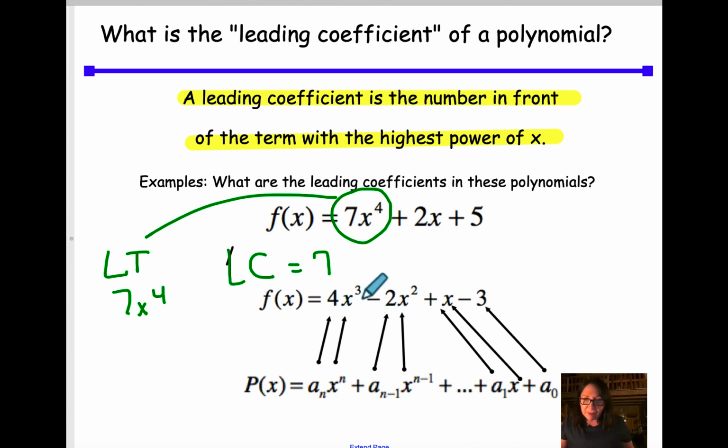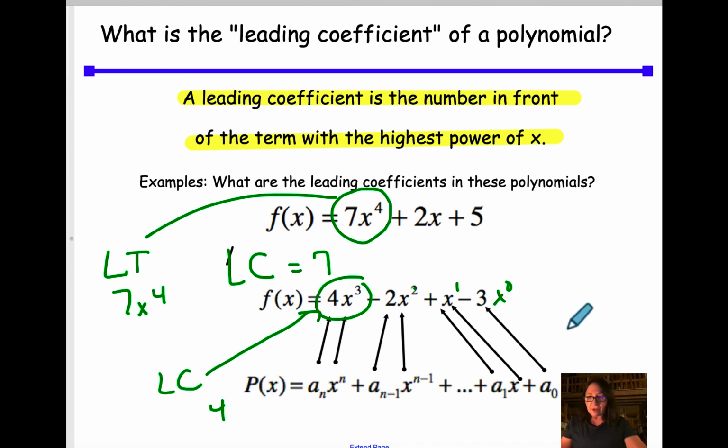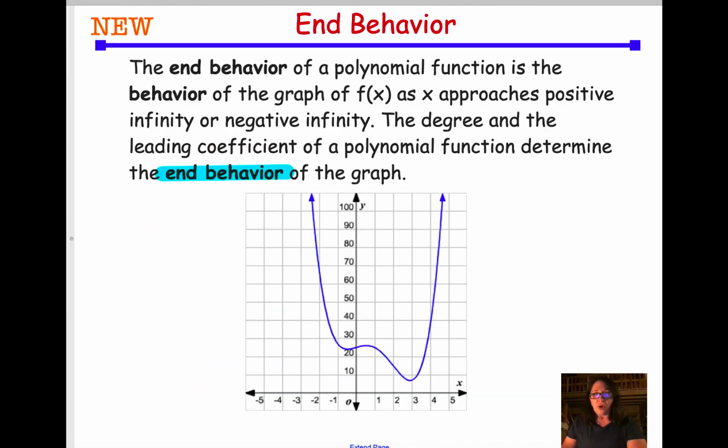So in this problem here, my leading term is 4x cubed, because that's 2, that's 1, and that's 0. That's the highest power. It's a 4-term cubic, but my leading coefficient for this problem is 4, all right? So good review for that, just what is a polynomial and how do I distinguish what it is? End behavior, super important topic.